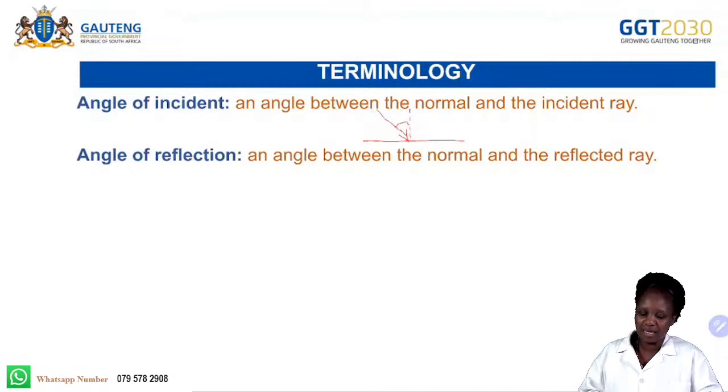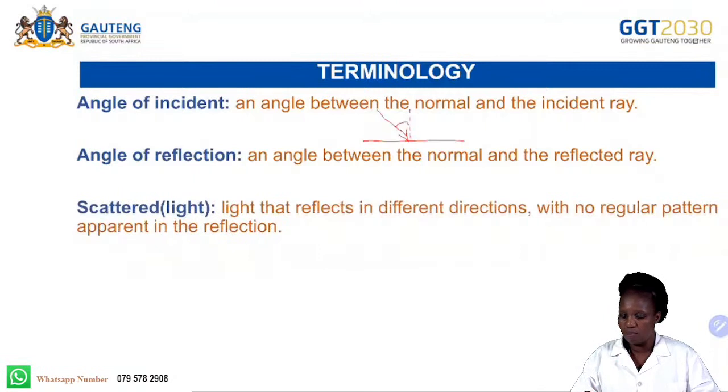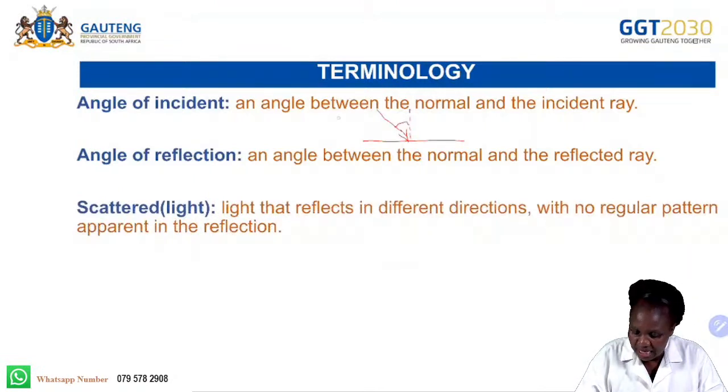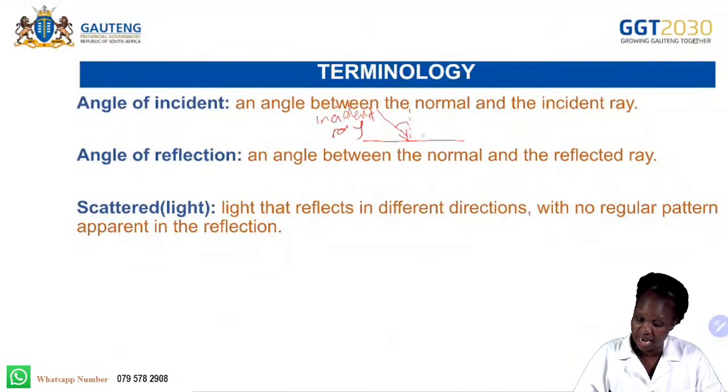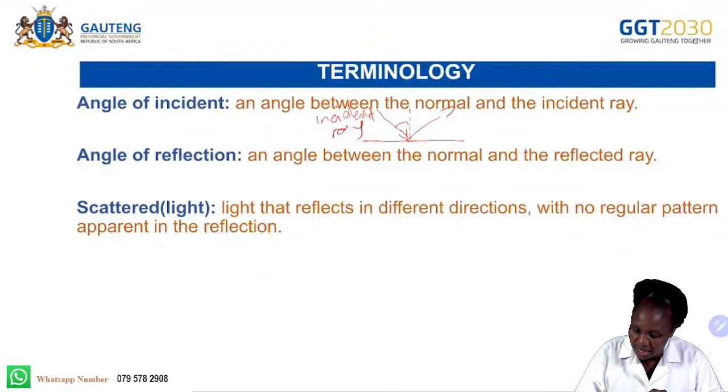And then the angle of reflection, we are talking about the angle between the normal and the reflected ray. Remember, we said this is an incident ray, and then the normal, which is the imaginary line, and then we've got the reflected line, this one.